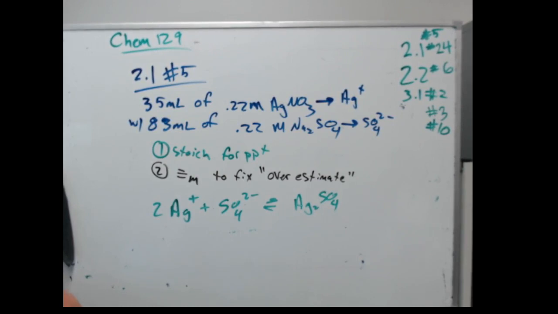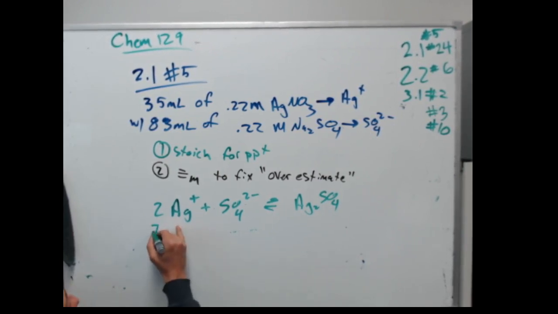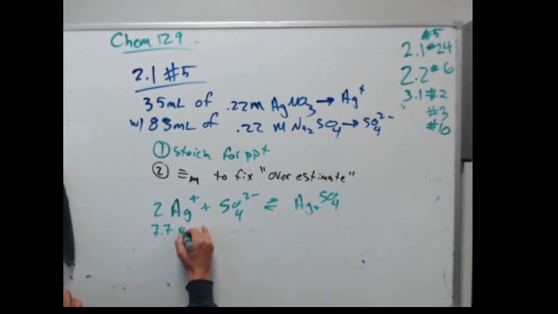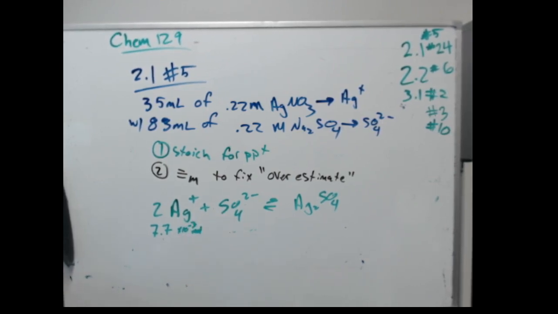That gets me 7.7 times 10 to the minus 3 moles of silver, and 0.83 times 0.22. That gives me, whoa, that doesn't seem right. Oh, 0.083, that's why.